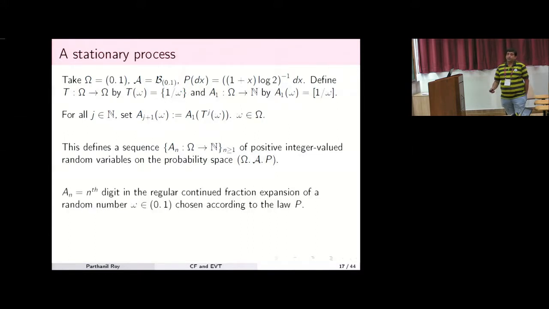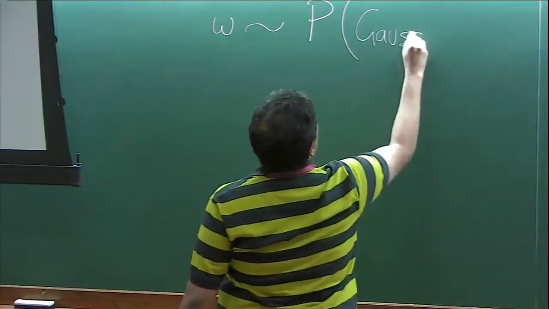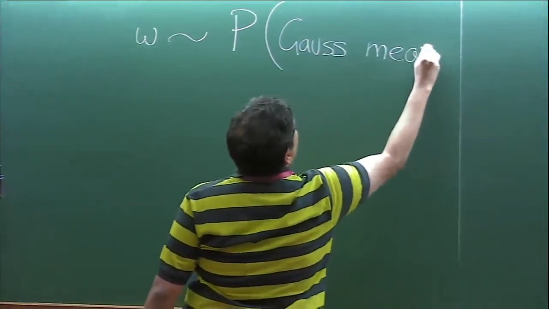What is A_n? To be honest, A_n is just the nth digit in the regular continued fraction expansion of a random number generated according to the law P. So maybe I'll write this down. You choose omega according to P, which is Gauss measure. Tell me if I'm writing too small for the people at the back.